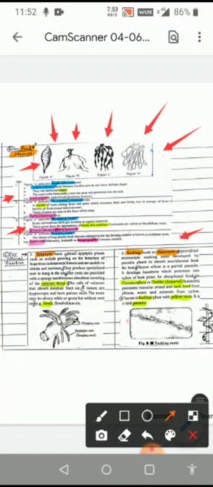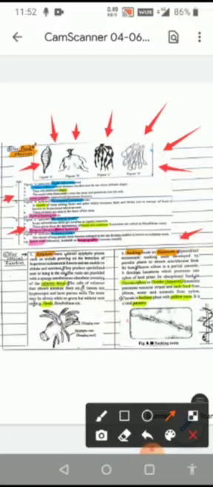Cluster means group. So they are present in a group. Example, arrowroot or mango ginger. So these are 4 types of roots useful for storage of food material.